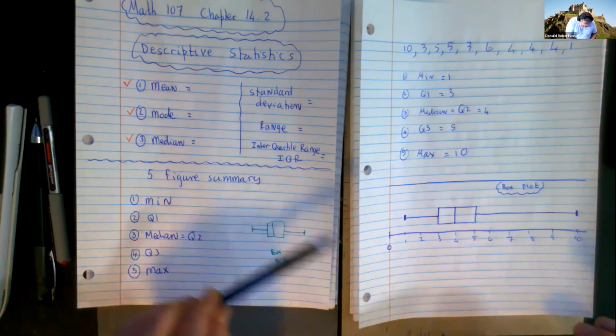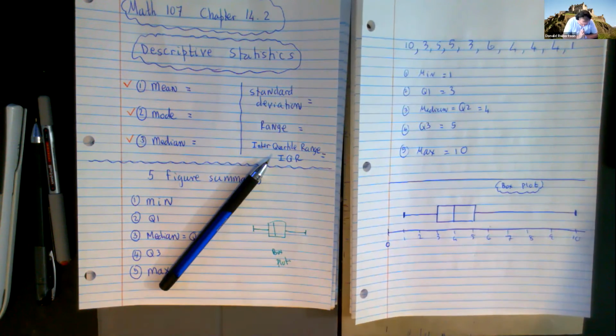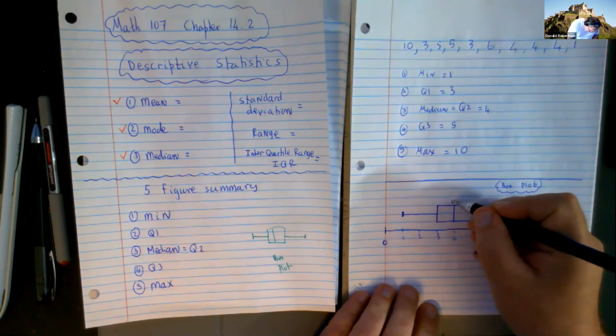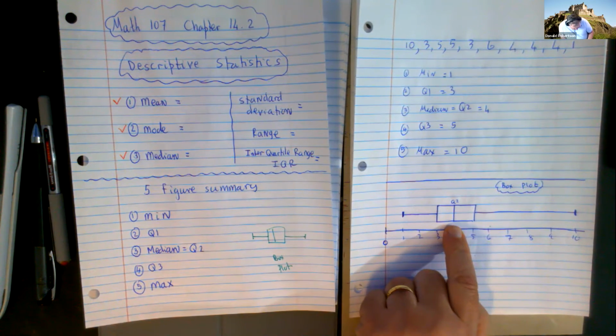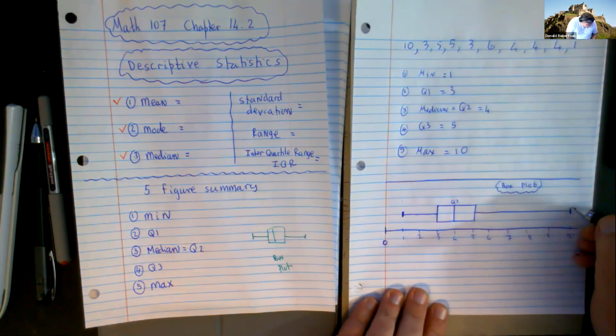Now, once you get used to looking at these, they tell you lots of quite useful things. See that guy where I'm pointing right now, the Q2 guy, the median. Can I say roughly that the typical size of family in this class was 4 children? You and 3 others. The smallest was 1, the biggest was 10.